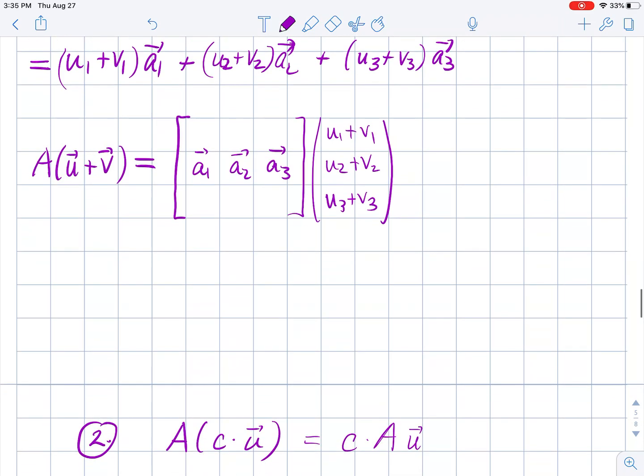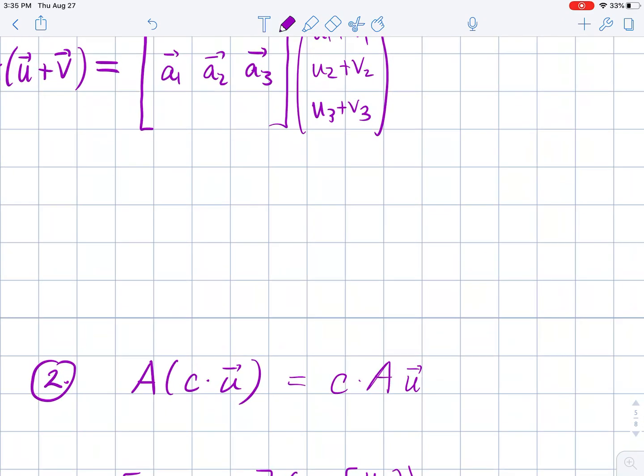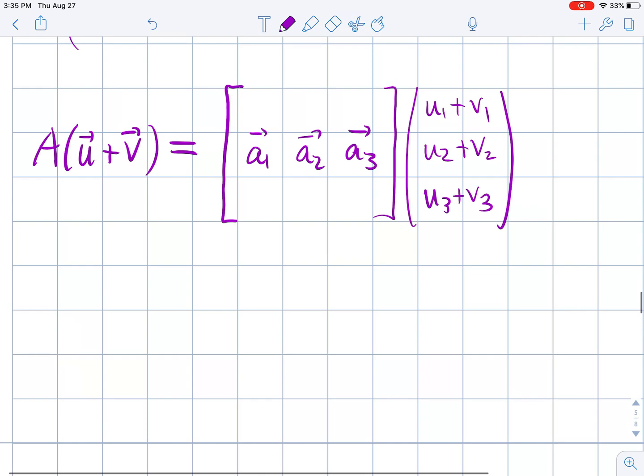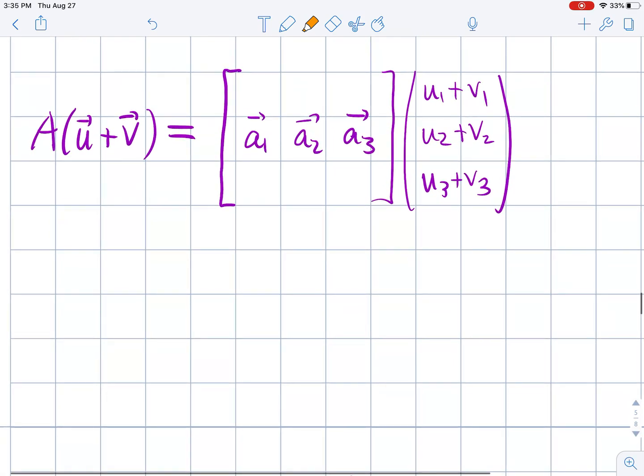What if we add the two vectors together first? Well, if we add the two vectors together first, then what we're going to get is our matrix times u1 plus v1, u2 plus v2, u3 plus v3.